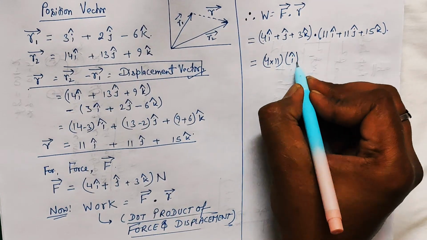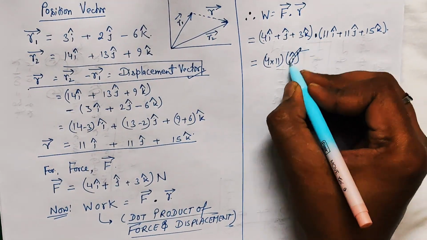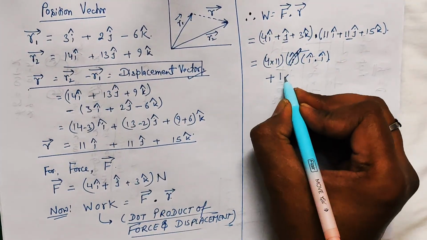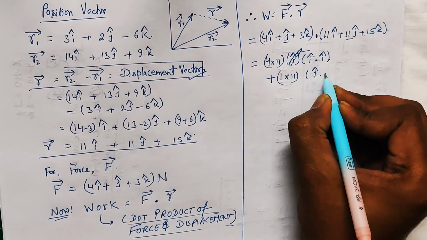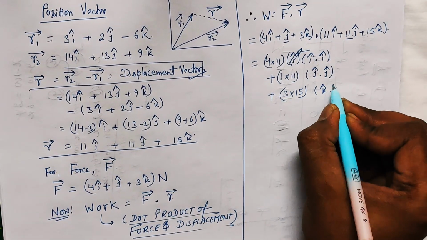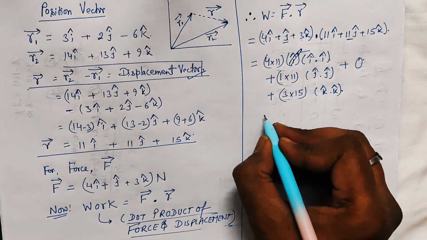So just putting the values of vector F, that is force, and the displacement vector as a dot product, 4 will be multiplied with 11 to get 44. The dot product of i and i will be 1, the dot product of j and j will be 1, and the dot product of k and k will be 1, and the rest of the others are 0, right? Why?